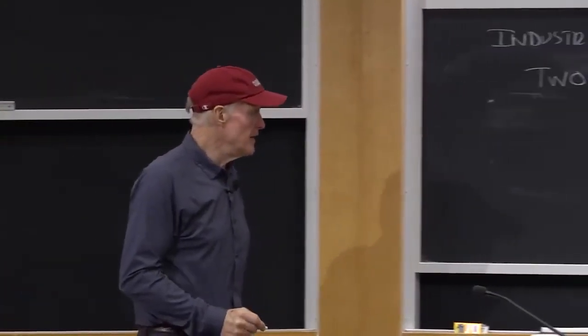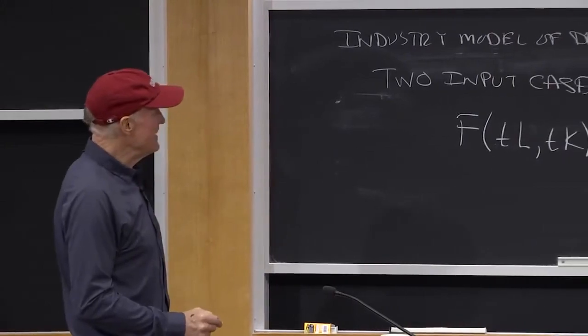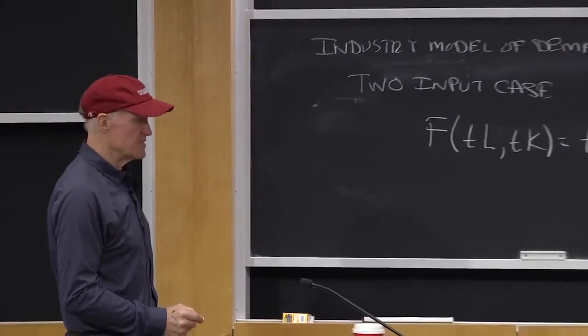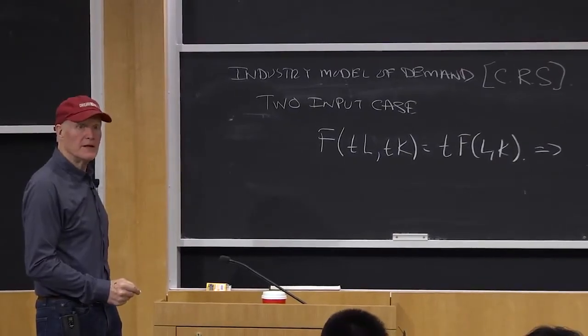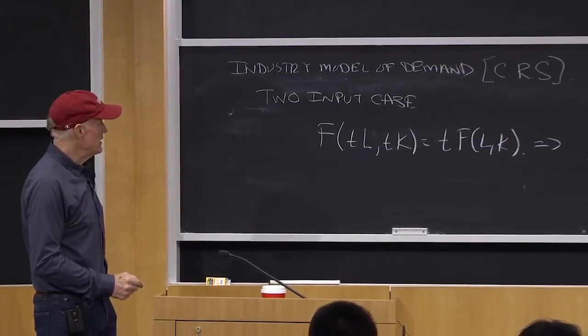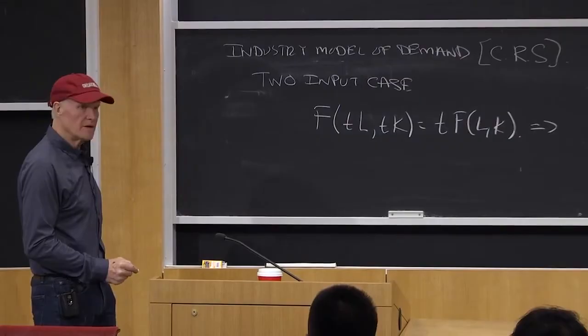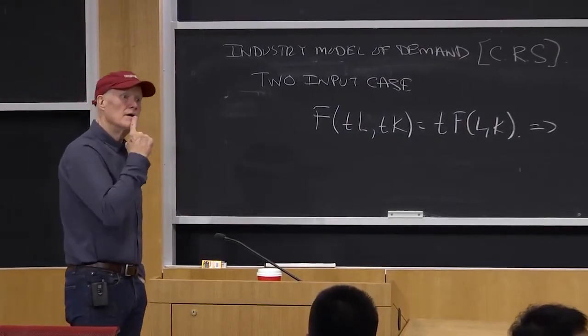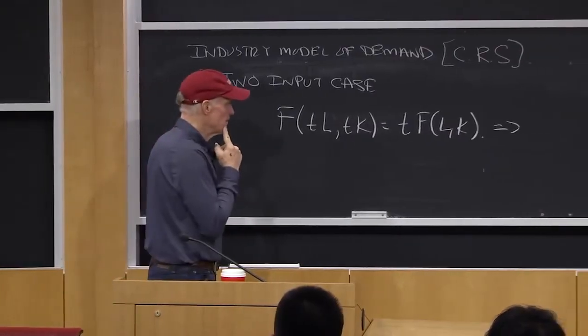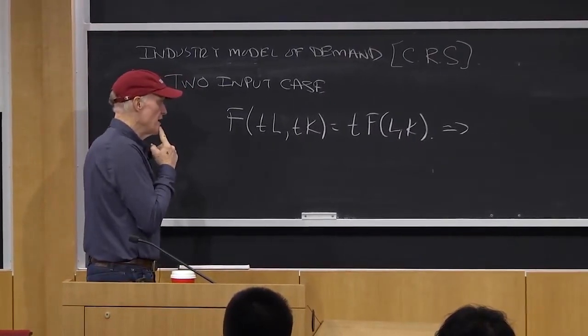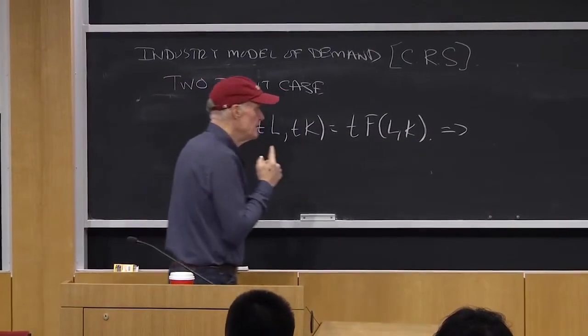Any ideas? What would be an implication of constant returns to scale production? Any implications? Okay, so a common feature might be that.